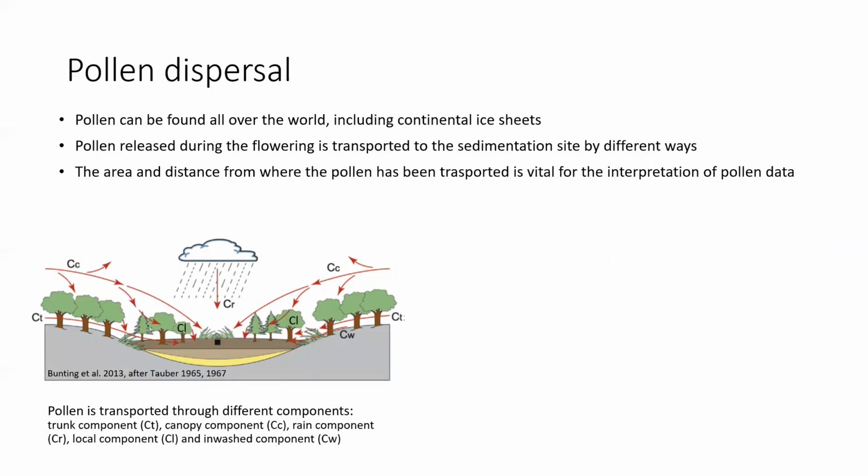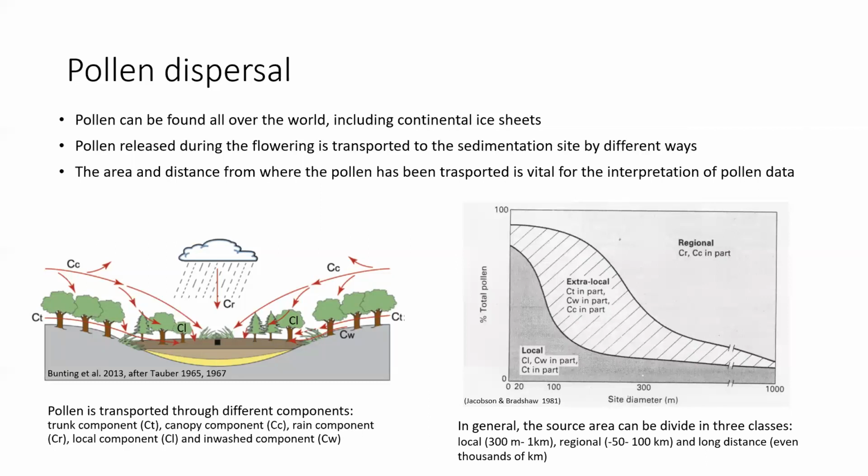And the size of the site plays quite a big role in this. In general, the bigger the diameter of the site is, the bigger the source area of the pollen is. And usually this source area can be divided into local and regional.